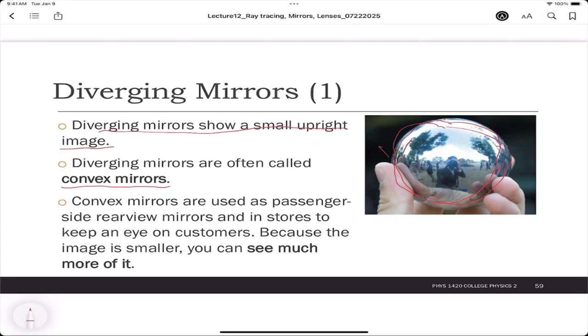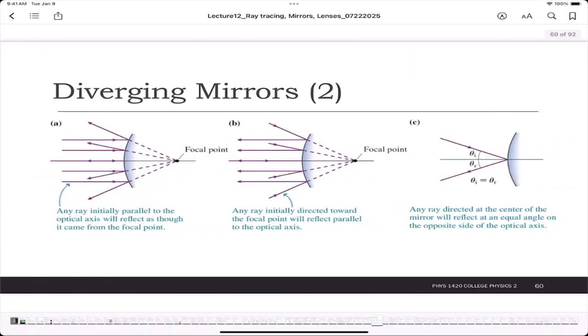The convex mirrors are used as passenger side rear view mirrors and in stores to keep an eye on customers. Because the image is smaller, you can see much more things, but smaller. Okay, and this is the 3 different rays for divergent mirrors.